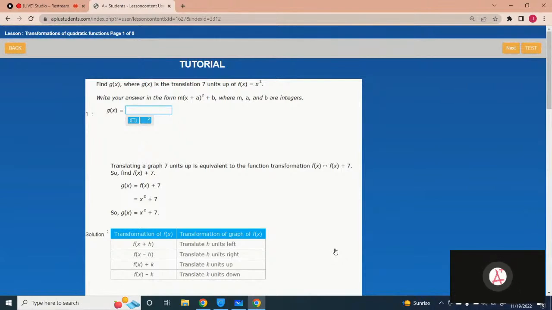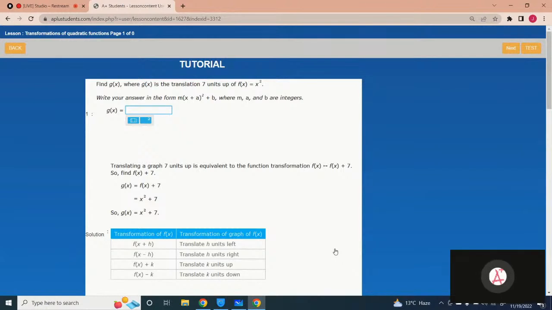Now you have to understand the transformations. Whenever you have to move up, that means you have to translate by k. You have to do f of x and then plus k. Like for this one, the function is x squared, so you have to do x squared plus 7.